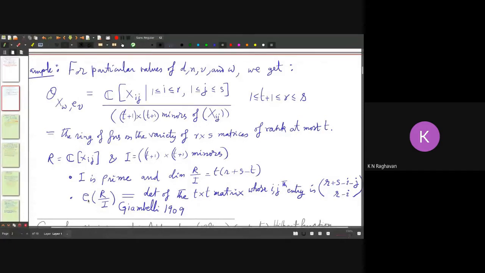And so, as an example of what we are talking about, the multiplicity of this ring has this formula. It is the determinant of the T cross T matrix whose ijth entry is this binomial number, binomial R plus S minus I minus J, choose R minus I. And this is due to Giambelli in 1909.